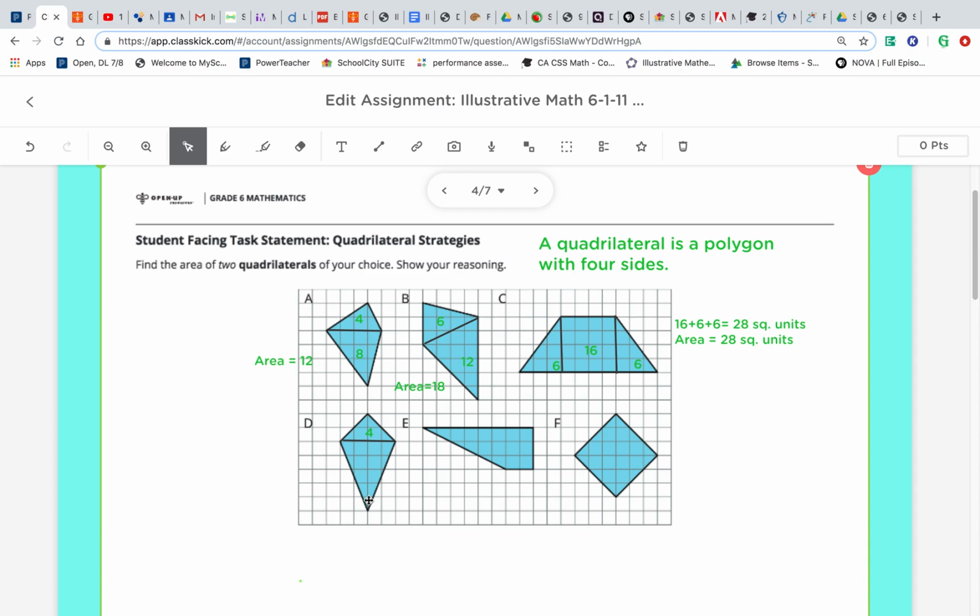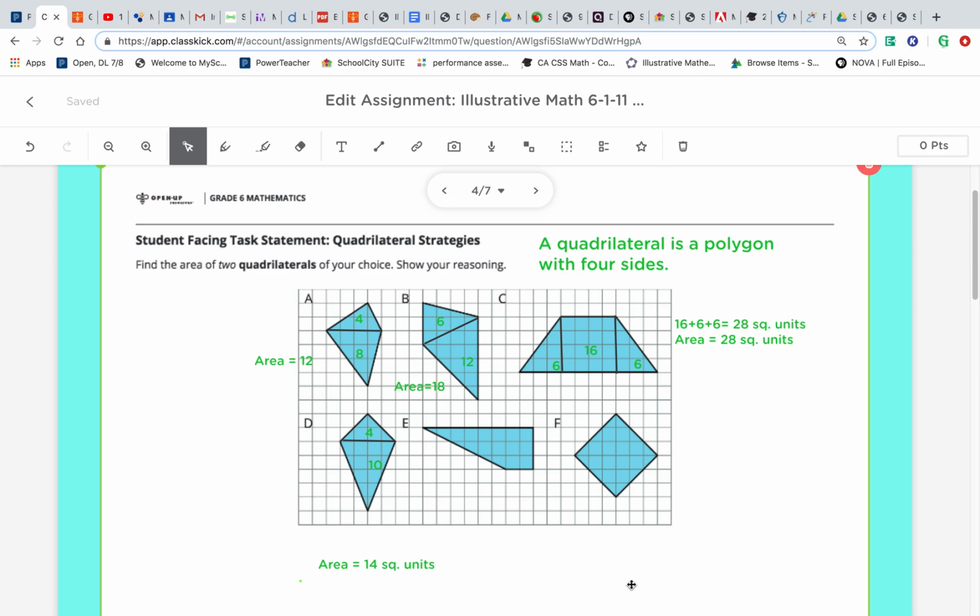And then we have to take half of that. Half of 20 is 10. So we're going to call that 10. And so if we have 4 for one part and 10 for the other part, the area of the whole thing, we're going to put those together. 10 plus 4, area equals 14 square units.